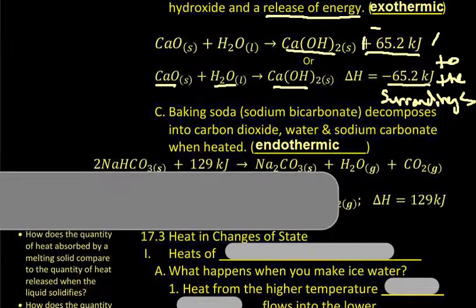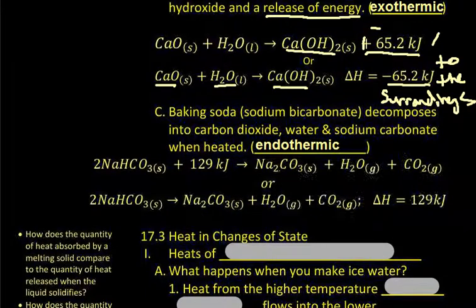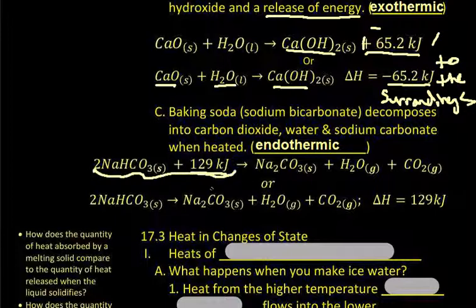So when we write this one, the 129 kilojoules are added to the reactant side, because when we heat it up, the heat becomes sort of like a reactant in the reaction.